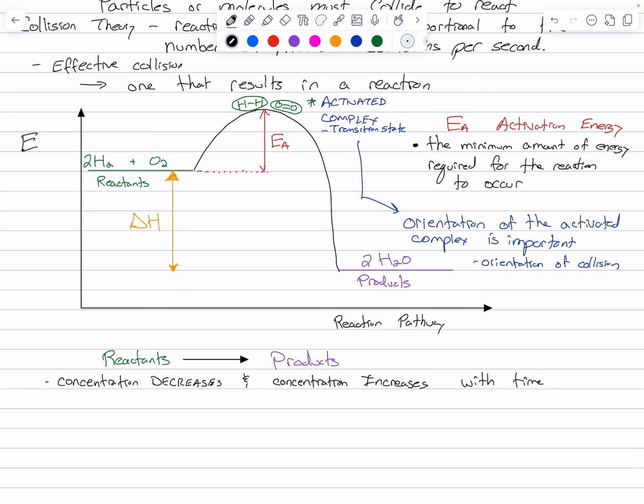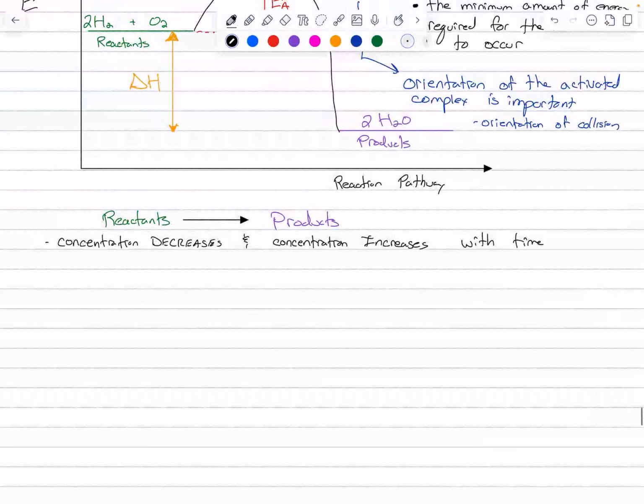So when we think about a rate, think about physics class, if you ever took this, delta X over delta T. That means the change in position in direction X over the change in time.